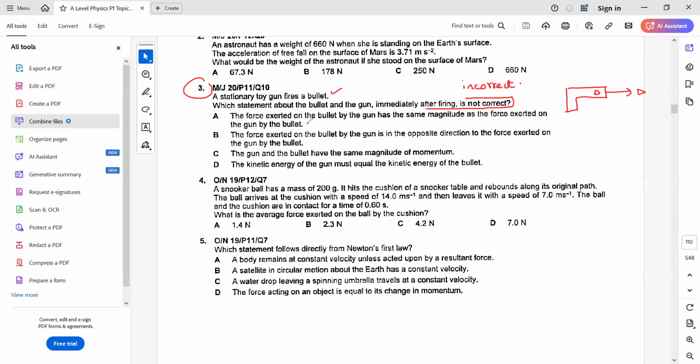That's absolutely correct. There is nothing incorrect in this statement. The force exerted on the bullet by the gun is in the opposite direction. That's still fine. The gun and the bullet have the same magnitude of momentum. That is still fine because they are a system. In an isolated system, momentum stays conserved. So it is conserved. That means D is the only option that shouldn't be correct.